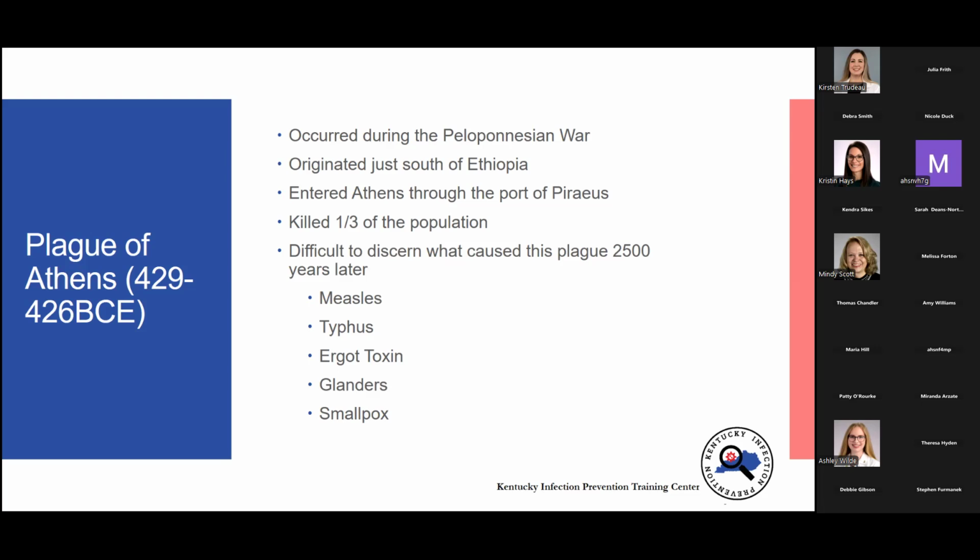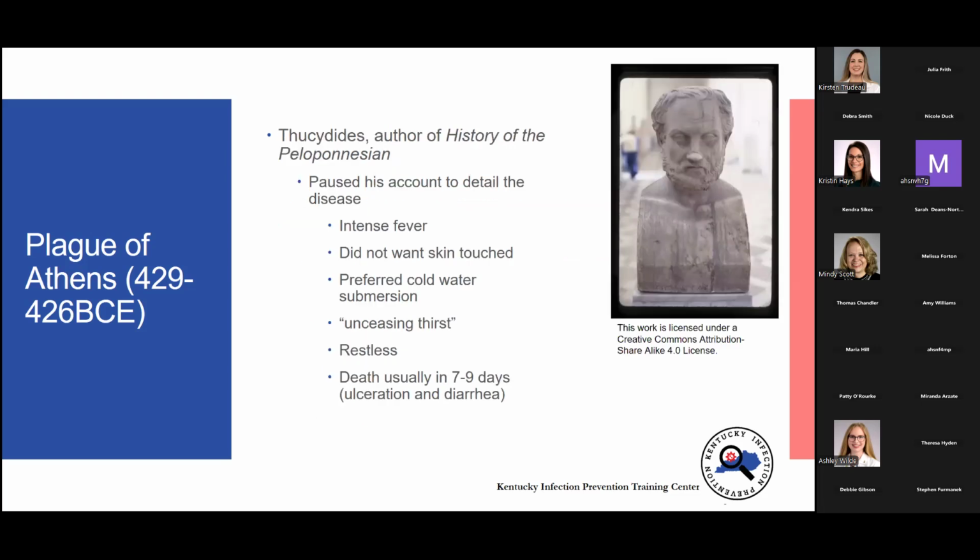Many researchers over the years have tried to determine the cause. Many have thought measles, typhus, ergotoxin, glanders, smallpox, but no one has definitively determined what caused this particular plague.